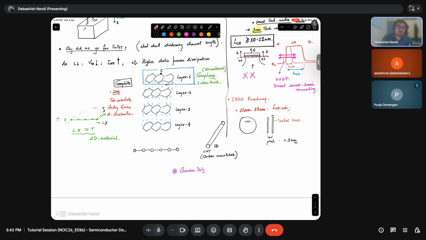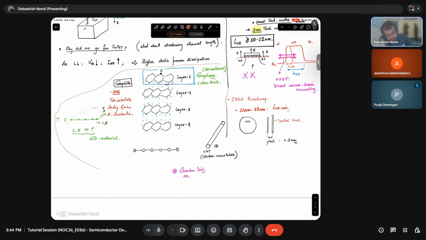These are used in resonance applications and various other applications. You can vibrate this atom and create resonance surrounding it, and that can be used in multiple applications. So this is your 0D.